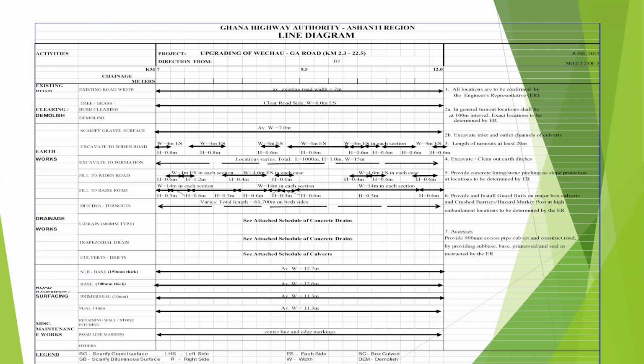And so you have the project name and you have from kilometer so and so to so and so. And we have all these activities and the chainages shown there. And it makes it very easy for you to implement on the ground or on the road.